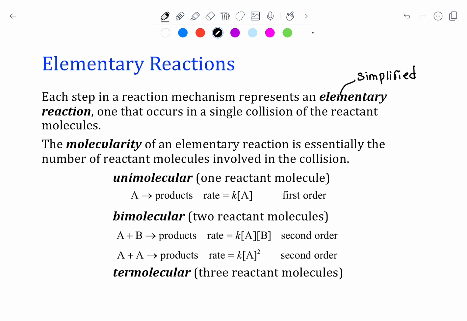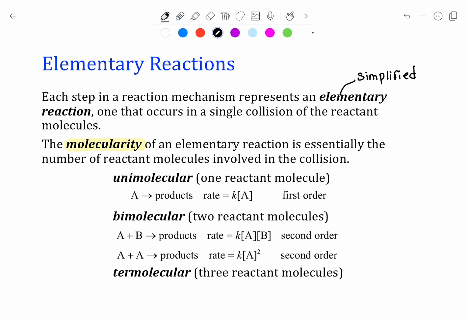The molecularity, which is a fun word to say, of an elementary reaction, for each step that we see, for each elementary reaction in our reaction mechanism, is essentially the number of reactant molecules involved in the collision.